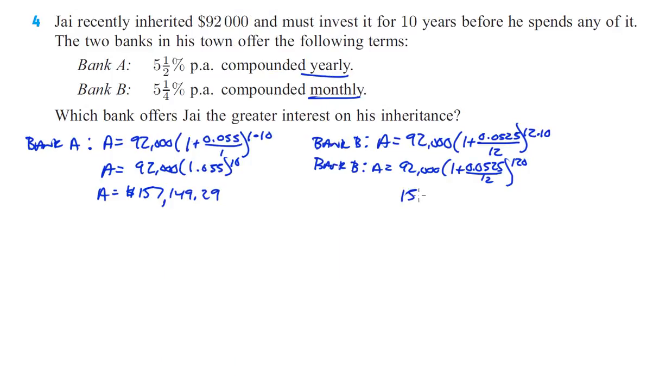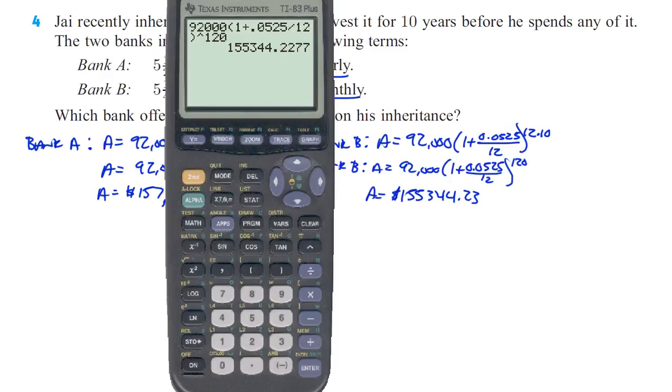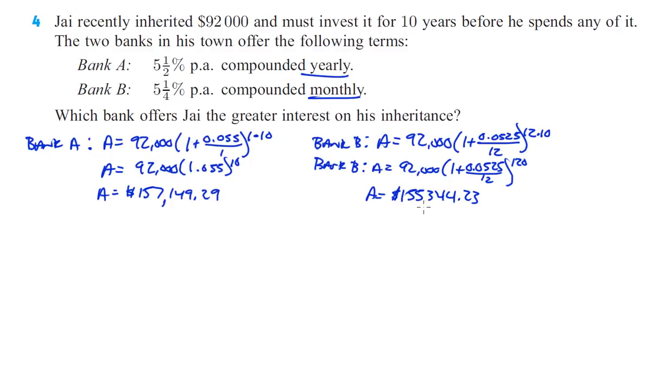That is what he's going to end up with from Bank B. Let me double check I got my numbers right. 155,344.23. It asks which bank offers Jay the greater interest on his inheritance, and it is definitely Bank A. He's going to end up making almost $2,000 more in that 10-year period if he goes with this one.